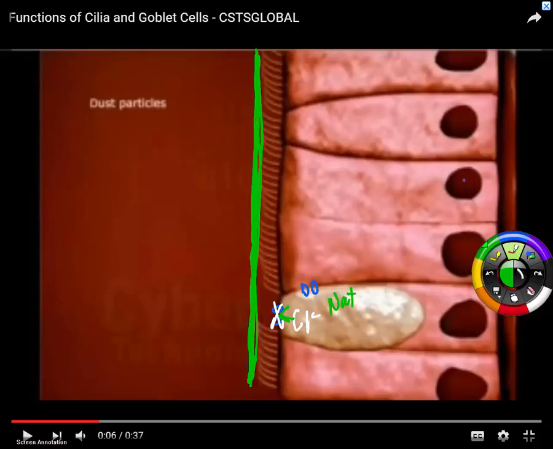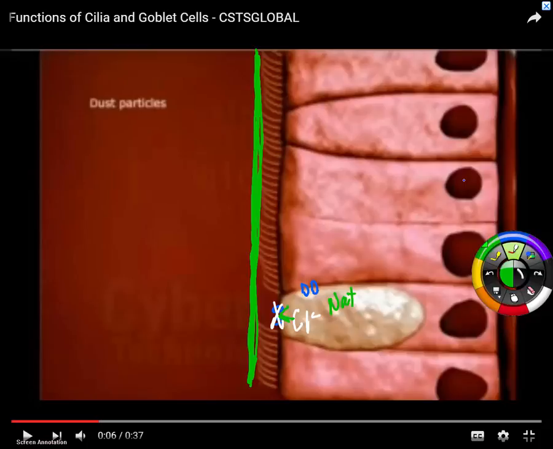And that thick mucus is difficult for the cilia to move. So this mucus begins to build up in the lungs, and they are prone to respiratory infections. Matter of fact, these people take prophylactic antibiotics all the time.